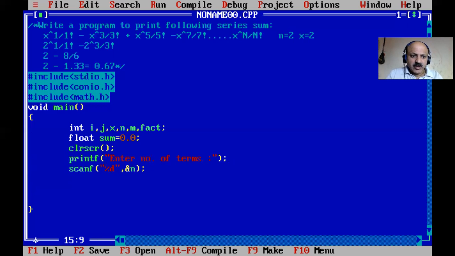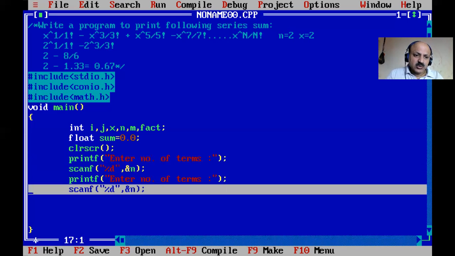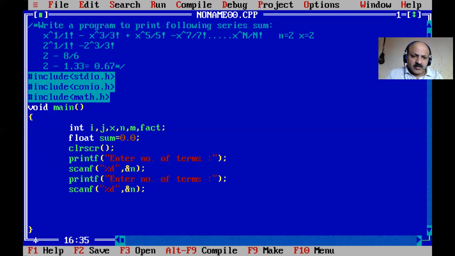Now I can copy it to scan x also: enter x value, which is also an integer. Now we can start our for loop. You can see i is assigned 1, i less than or equal to n, and i plus plus, that is the general form.